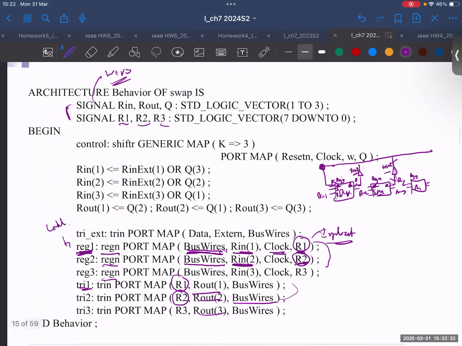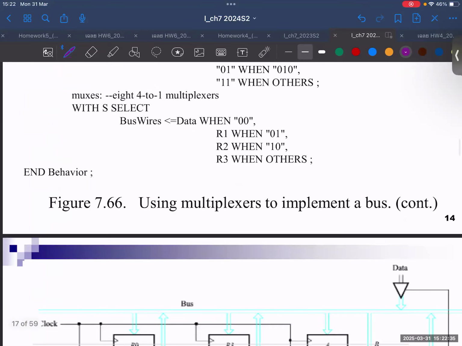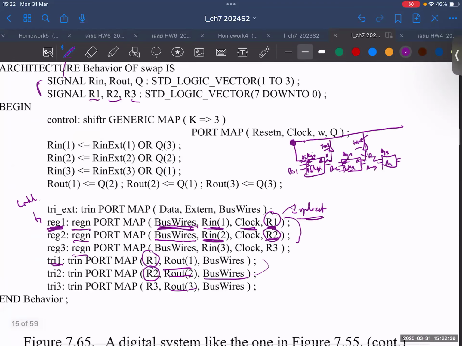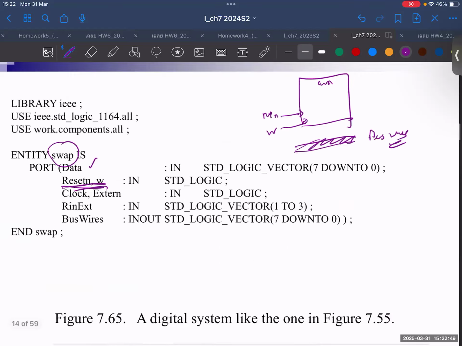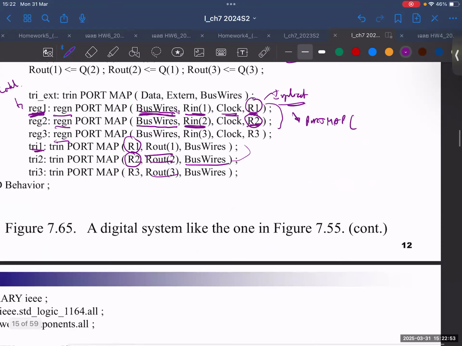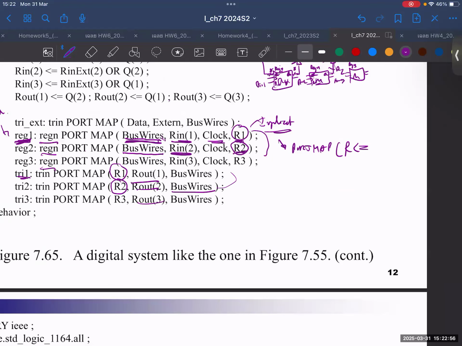But what happens if I don't want to match? Again, you can just use the explicit one by writing out, for example, port map. The first one, bus Y, is the position of R, so you can write R gets bus Y. And R in gets R in 1.